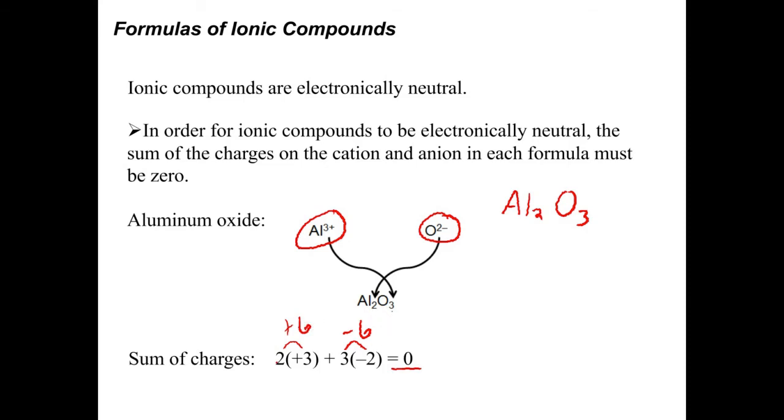You always have to make your compounds add up to a 0 charge, and that's what we're ultimately after. This will help you go from a name to a formula, or from knowing which substances are there to a formula. But today we're specifically going to focus on naming. That's the big picture for today, but it's important to know where these formulas come from in order to understand naming.